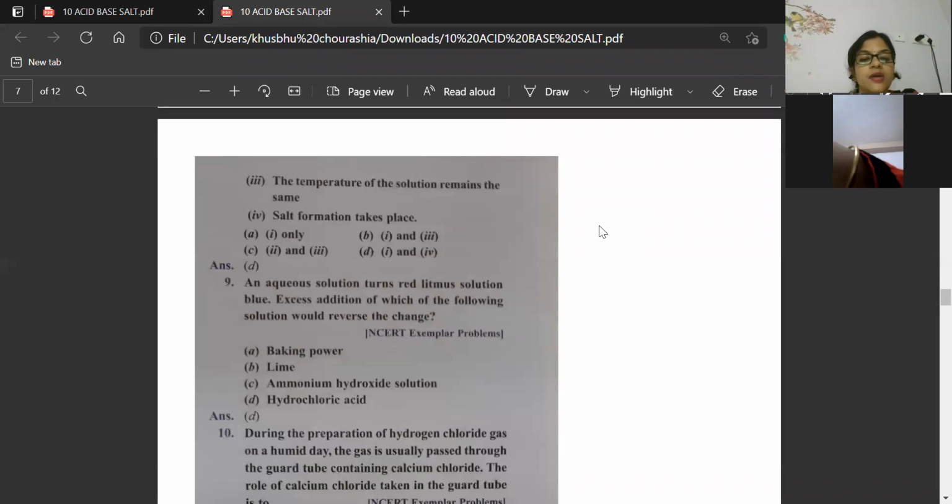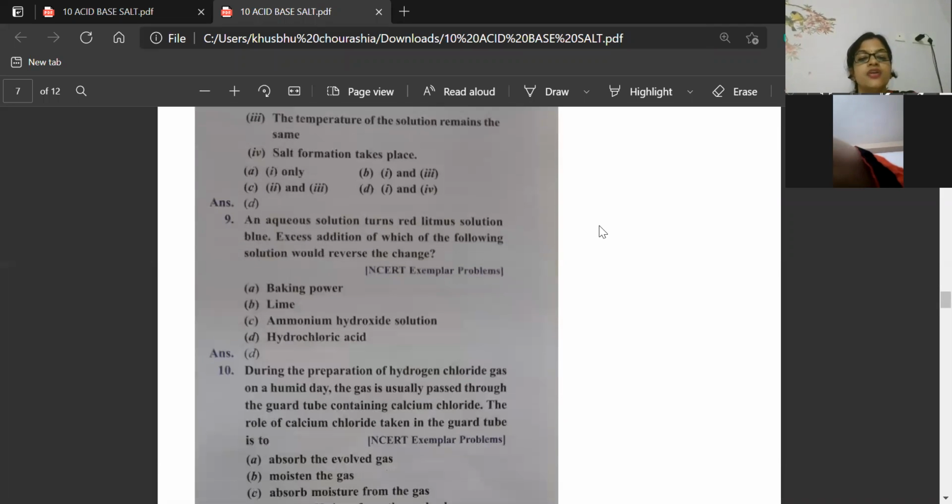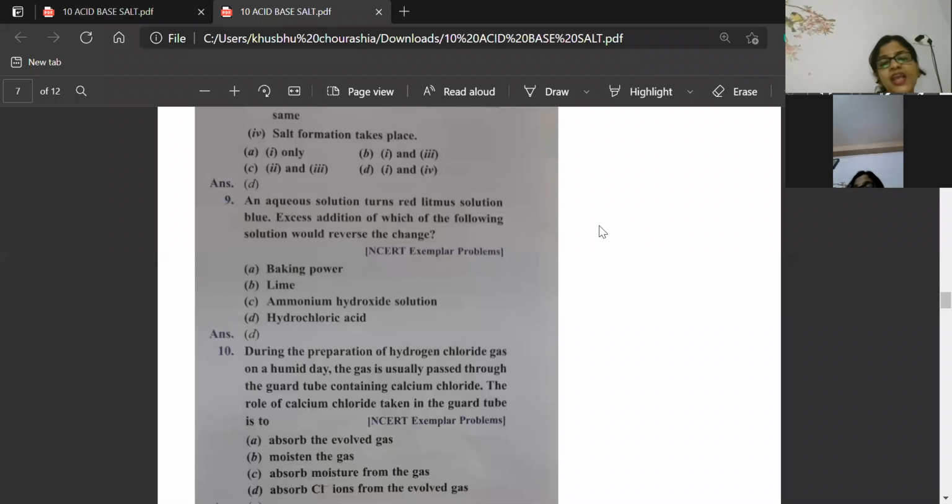Now go to question number 10. During preparation of hydrogen chloride gas on a humid day, the gas is usually passed through a guard tube containing calcium chloride. The role of calcium chloride in the guard tube is to absorb the evolved gas, absorb moisture from the gas, or absorb chloride ion from the evolved gas.